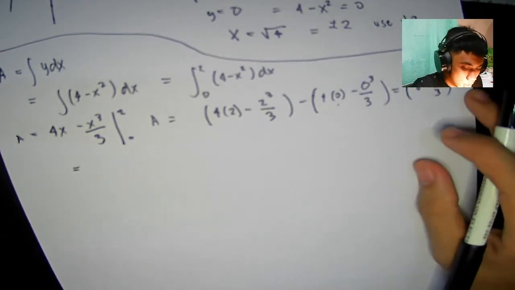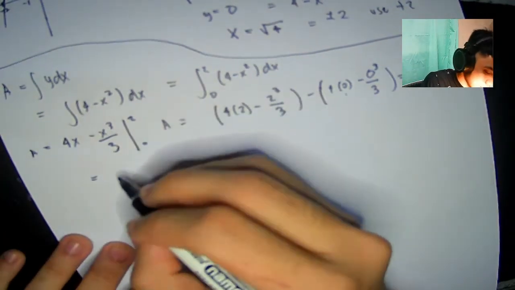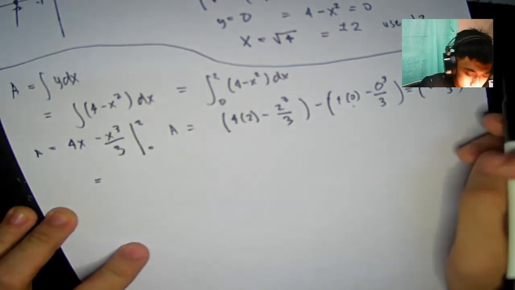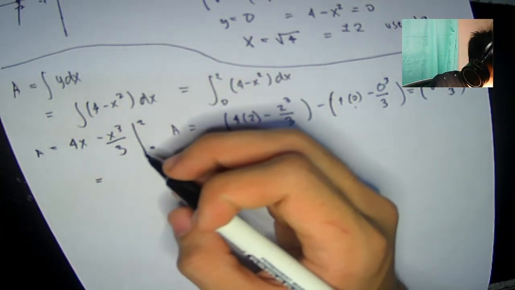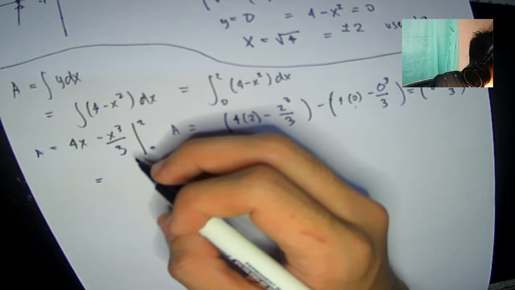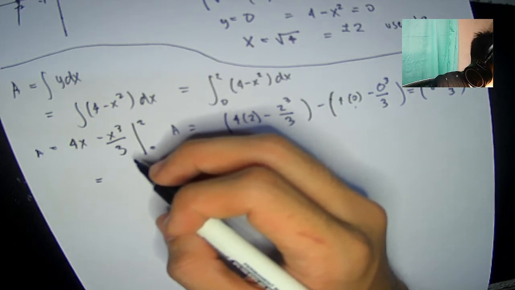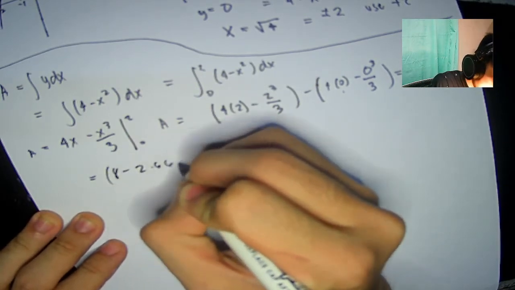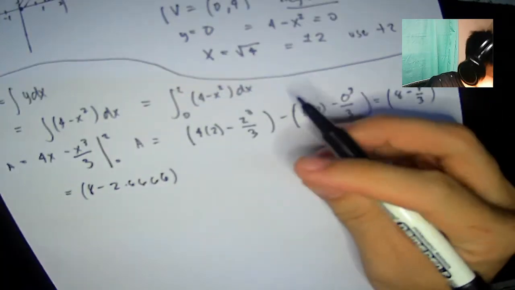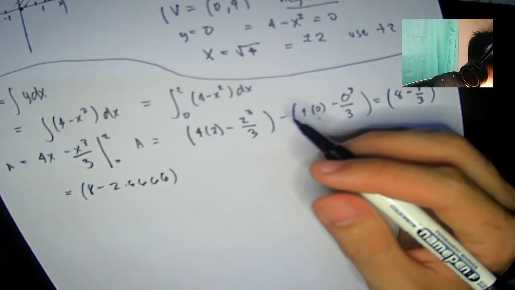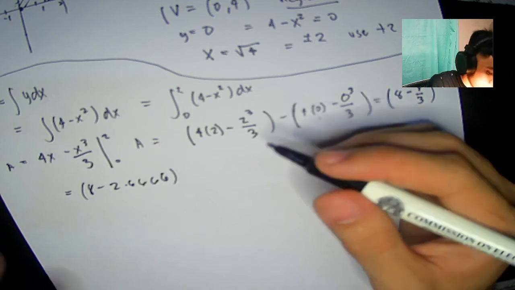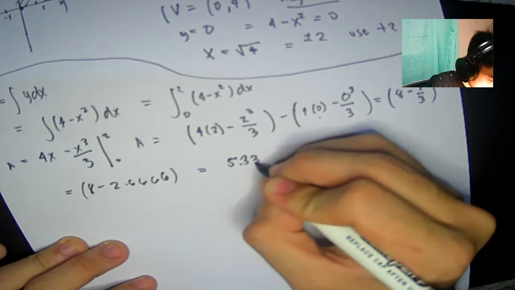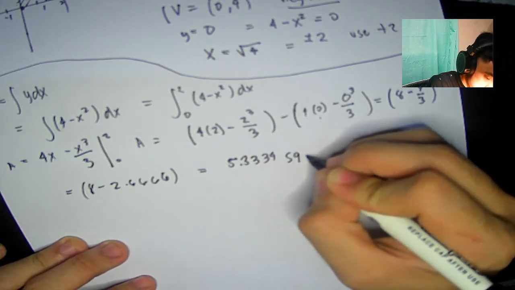So I'll just put this as is. 8 over 3 is equal to 2.66. So 8 minus 2.6666 equals 5.33, or 5.3333 square units.